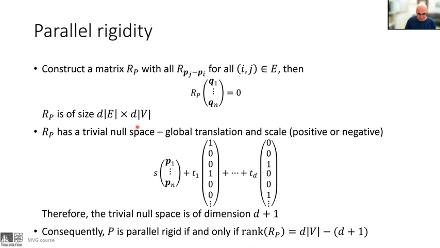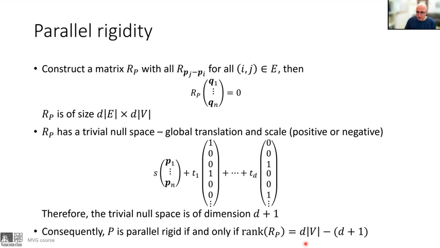DV will be the number of columns. Of course, V is less than E, right? We assume that the graph is at least connected. So DV is less than DE, and the maximal rank of a matrix of this size is D times V. But we know that the trivial null space is always there, so we subtract that: DV minus (D plus 1).